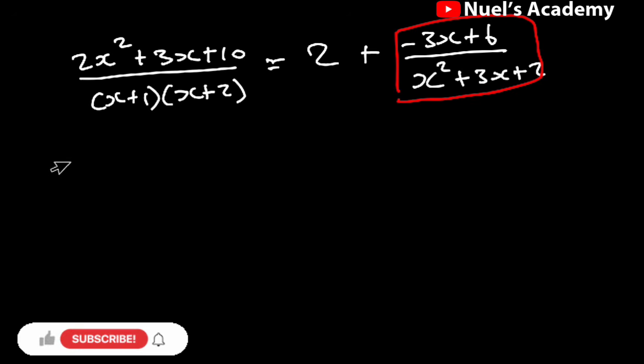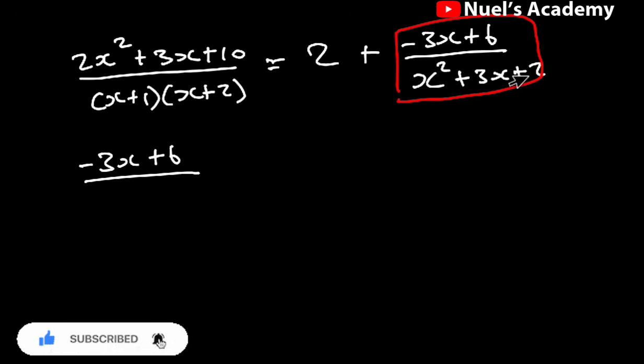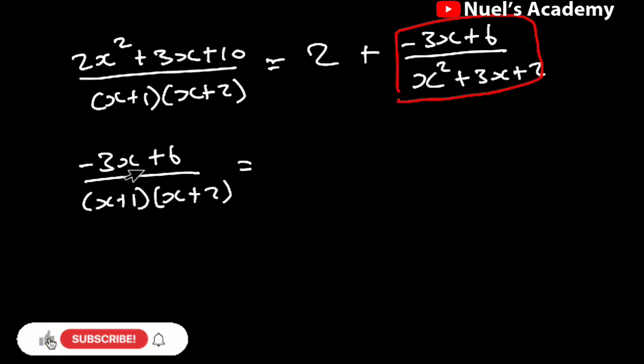So we have minus 3x plus 6 divided by, if you factorize this, we are going to get this. So we have x plus 1, x plus 2. Now this partial fraction falls into the first category, when you have non-repeated linear factors at the denominator.